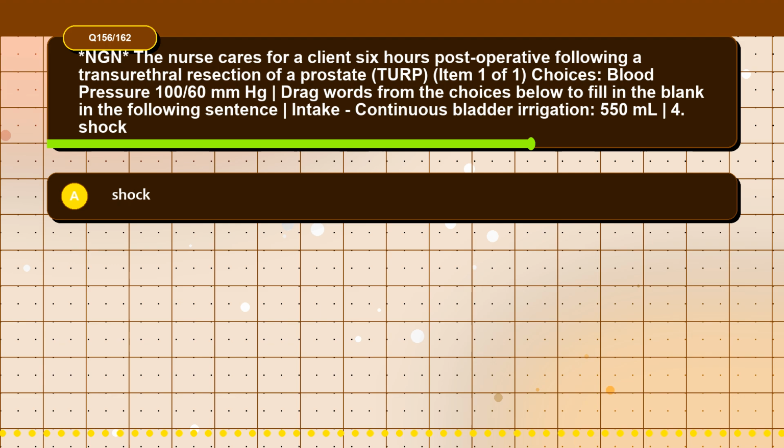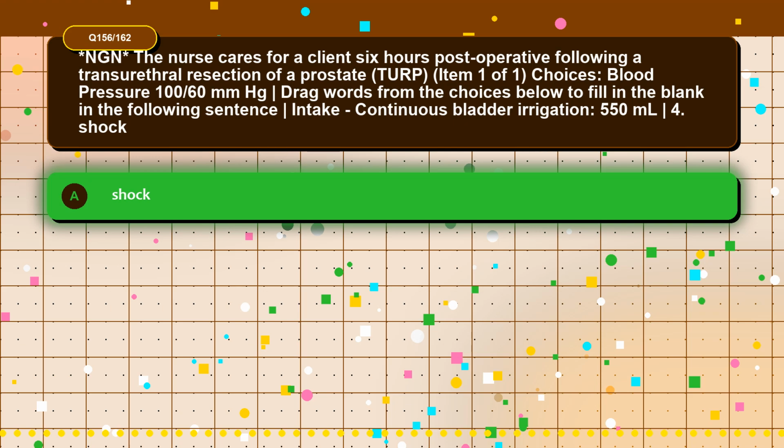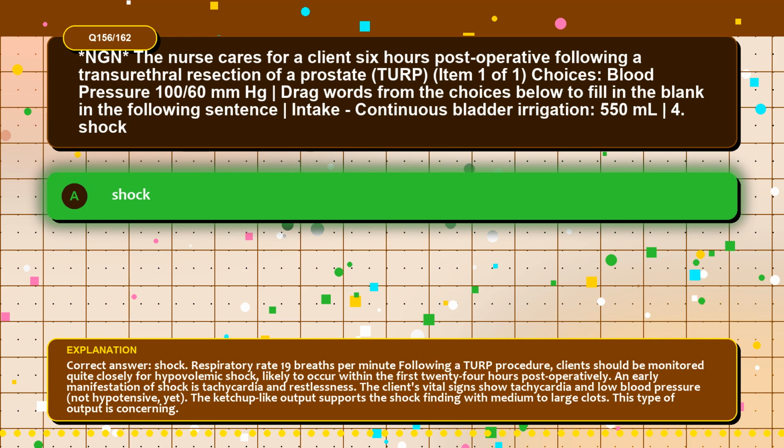Intake: continuous bladder irrigation. 550 ml. The client is at risk for shock. Here are the options. Option A. Shock. The correct answer is option A. Shock. Correct answer: shock. Respiratory rate 9 breaths per minute following a TURP procedure.